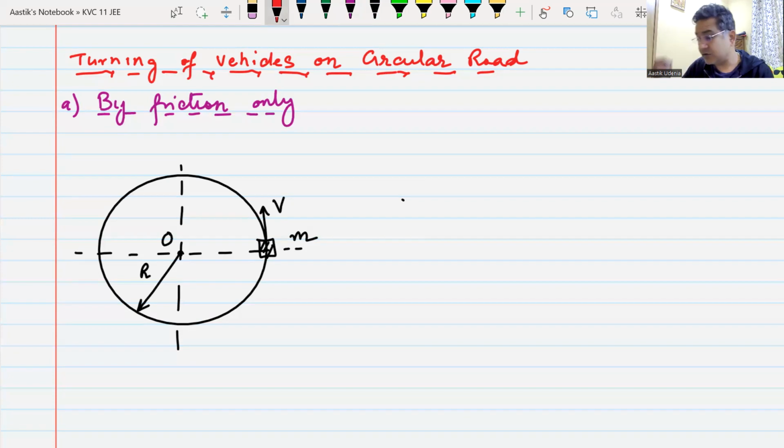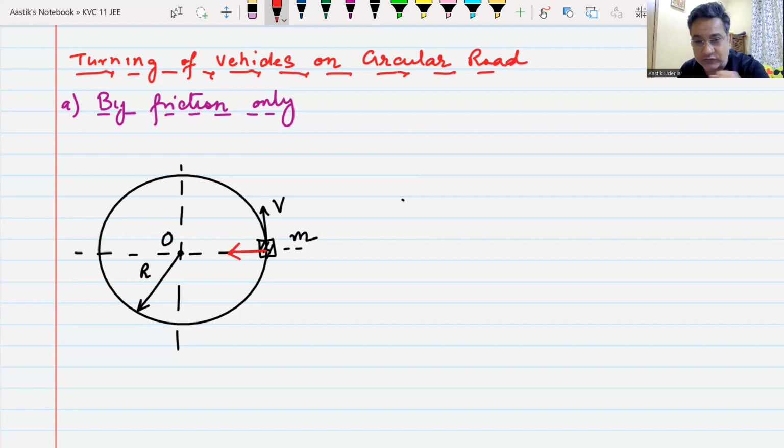Okay, so it is going to turn by friction only. So friction would be providing it with the centripetal force. What type of force will act between the wheels of the car and road? Frictional force. Thank God that you gave the answer after I wrote it. Anyways, I hope you knew it.